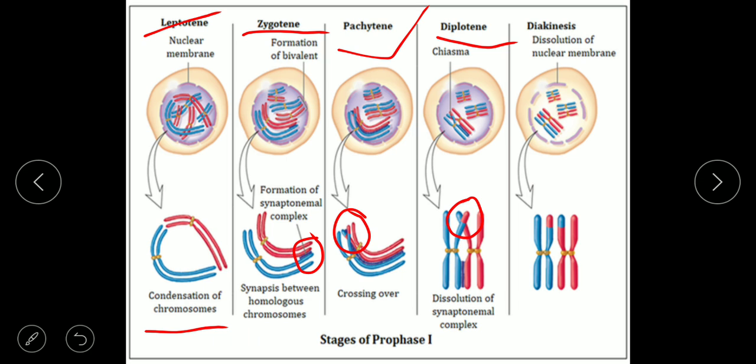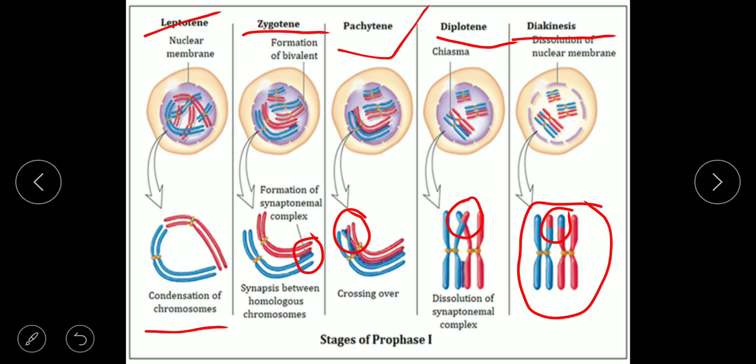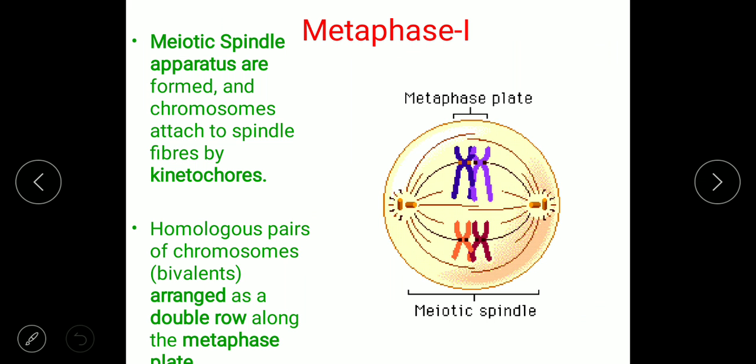And fifth one is Diakinesis. Here the homologous chromosomes become apart, and they will remain with their interchanged or new combination of gene sets.